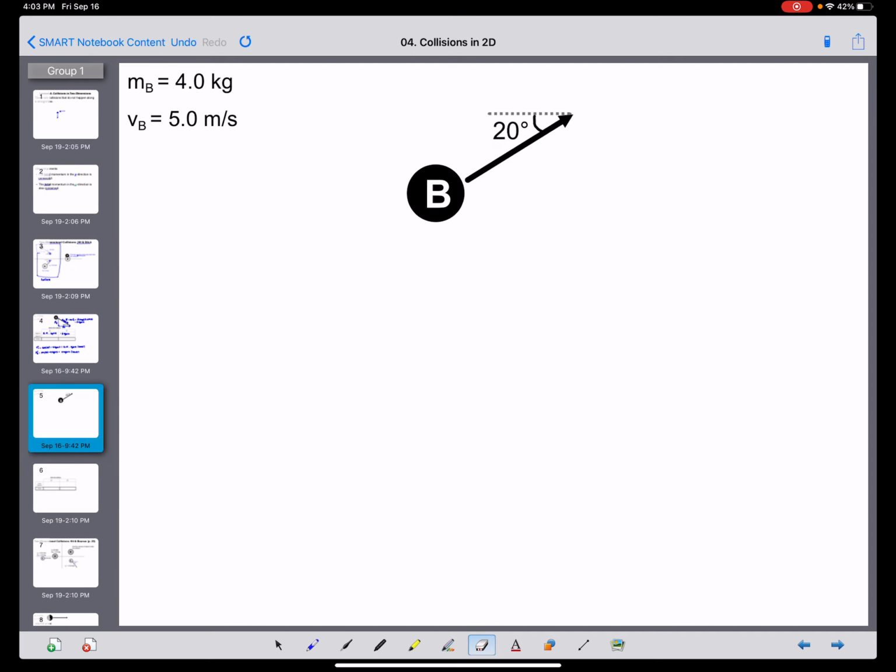Now we're going to repeat all of that for object B. For B's overall momentum, which again is represented by the black arrow, we're going to calculate mass times velocity. The mass is 4 kilograms and the velocity is 5 meters per second. So the length of that arrow is 20 kilogram meters per second.